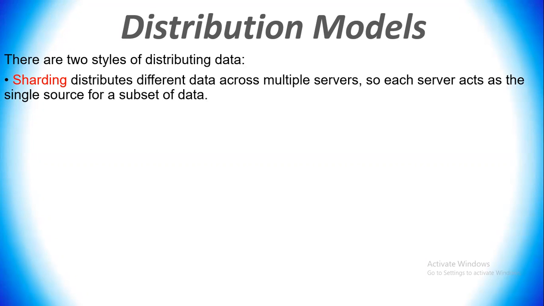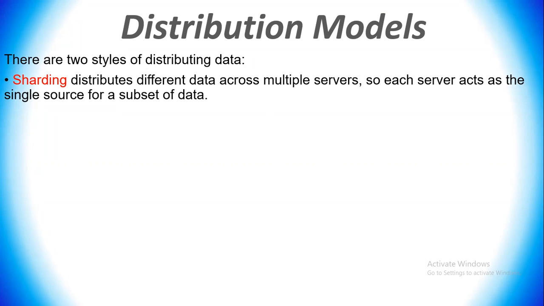But in NoSQL databases, as there are multiple servers which can store data, different parts of that table, different rows or groups of rows, different groups of the same table are stored in different servers.